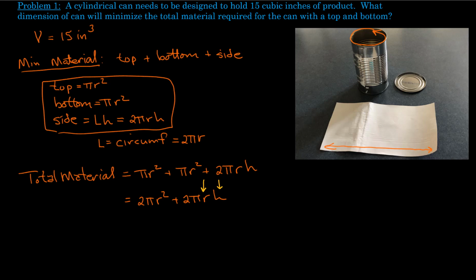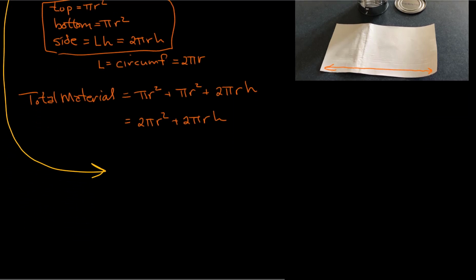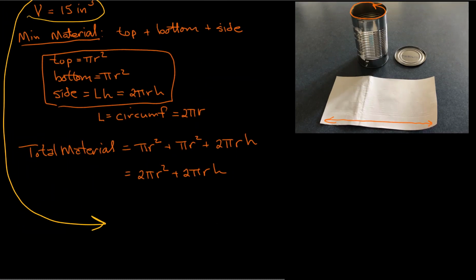Okay, so what we need to do is find some way to work this around so that we can get this down to just one variable. To get it down to one variable, I'm going to use my information about volume. The volume of a can is the area of the base, or the top, times the height.